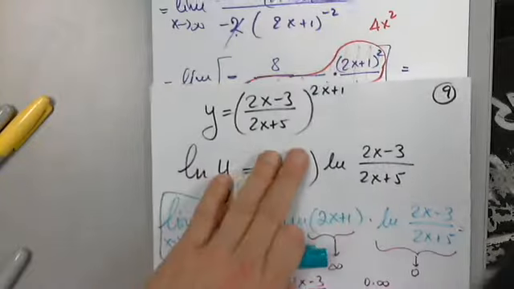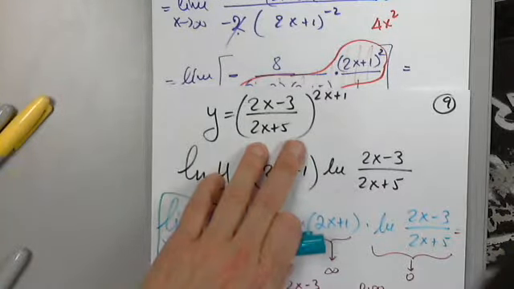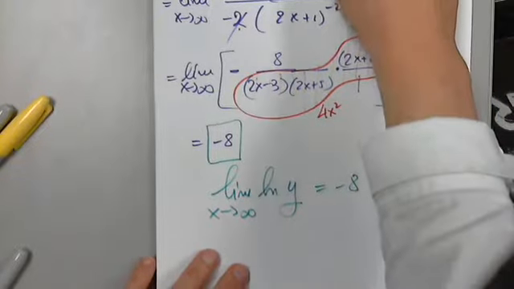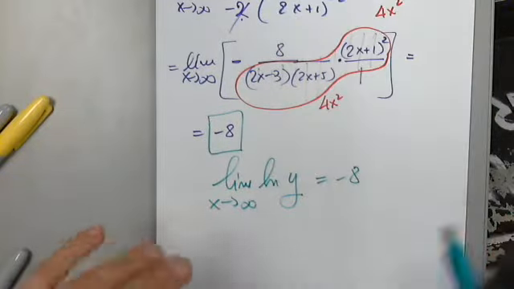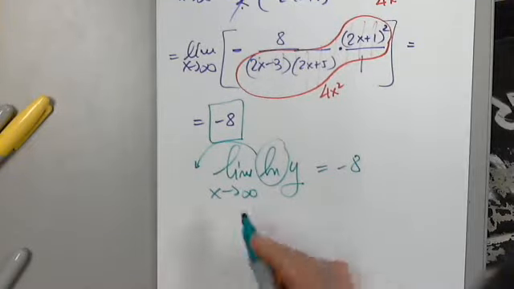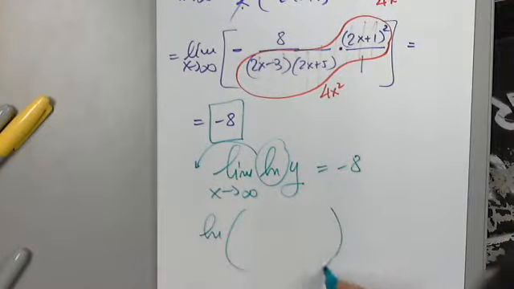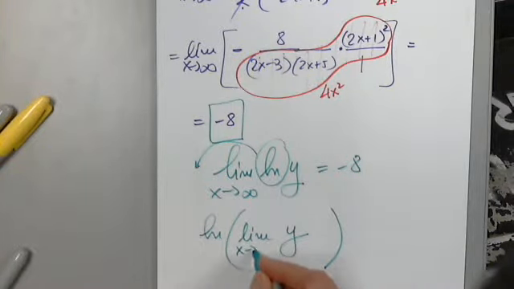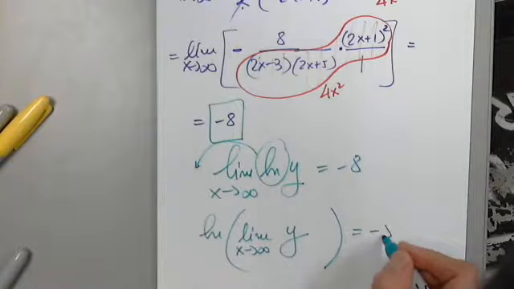Yes, this function is continuous. It's a continuous function on its domain, and definitely at infinity, there is no discussion. So I swap the operators, and I have natural log of the limit of our function as x approaches infinity equals negative 8.